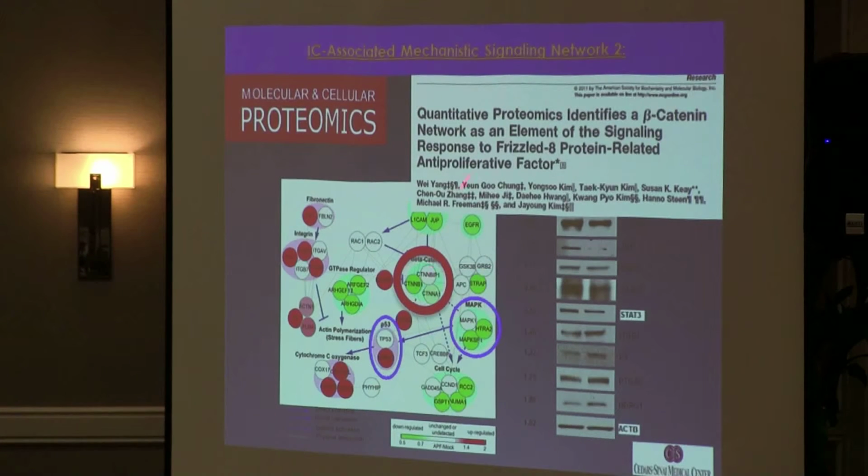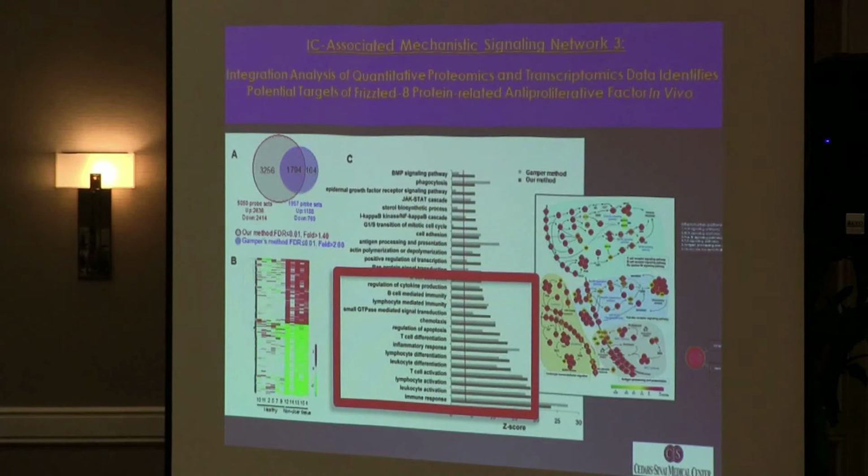Those were mainly the beta-catenin network and P53 and MAP kinase pathways. So we confirmed this information in a separate validation experiment using Western blot analysis. It was published in Molecular and Cellular Proteomics a few years ago.